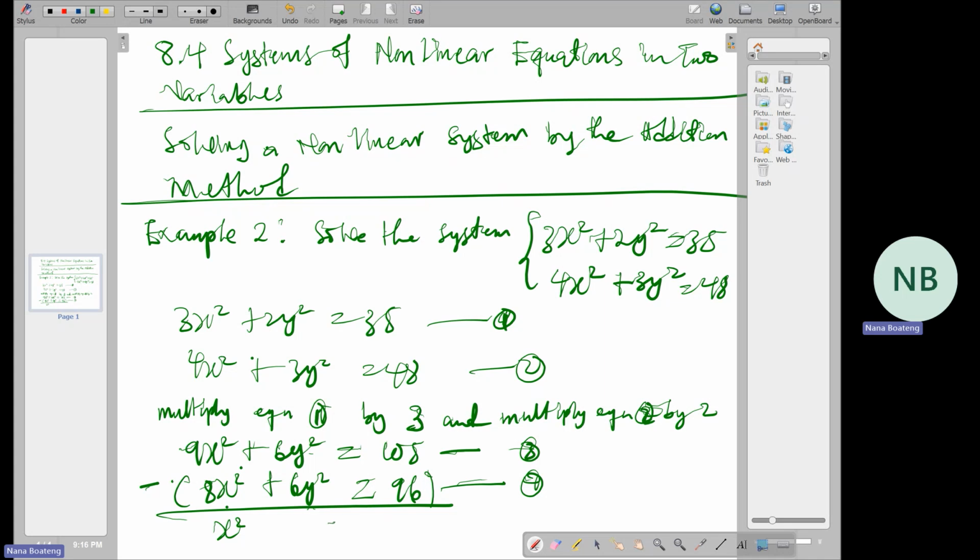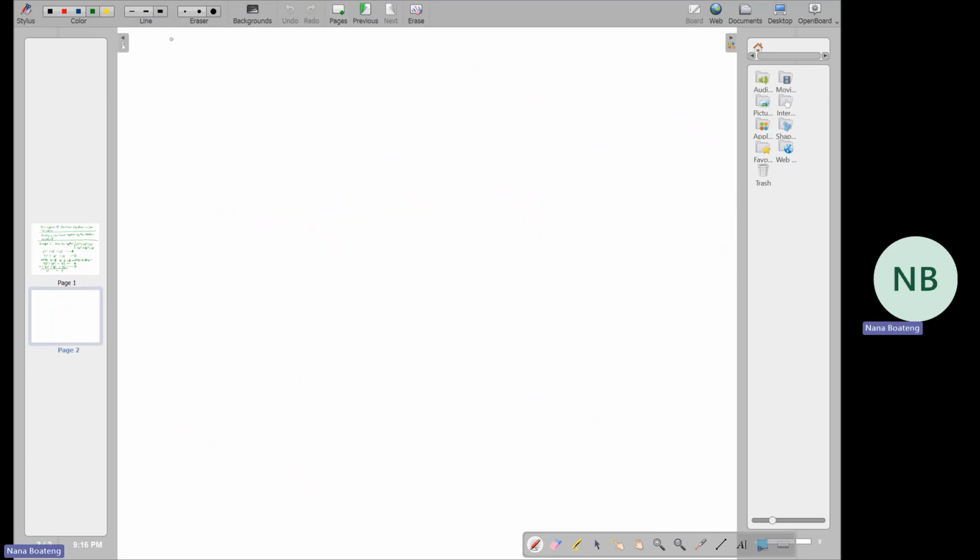So this will be equal to 105 minus 96, which gives us 9. So from here we see that x squared is equal to 9, which means x is equal to plus or minus the square root of 9, which means x is equal to plus or minus 3.